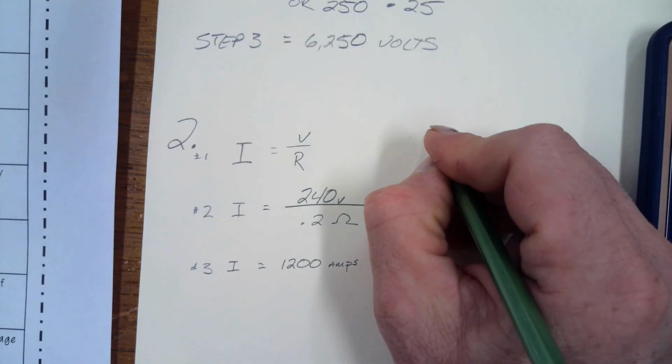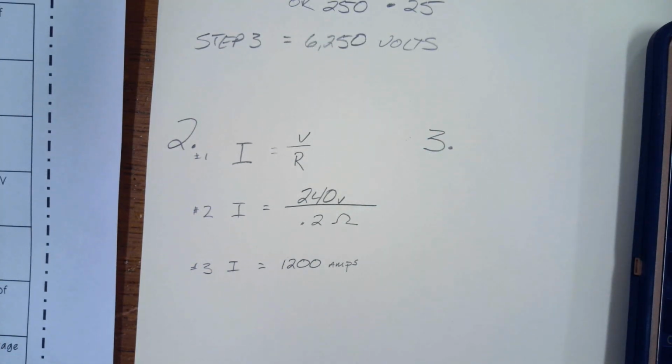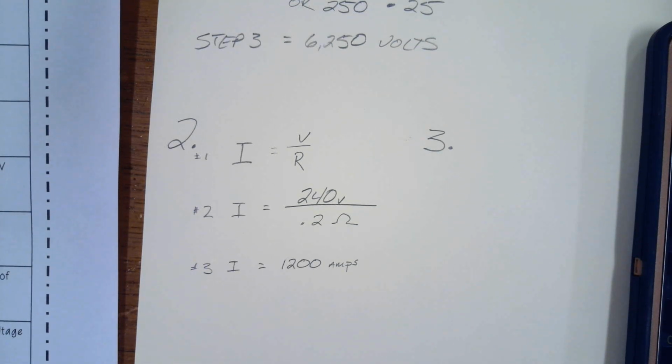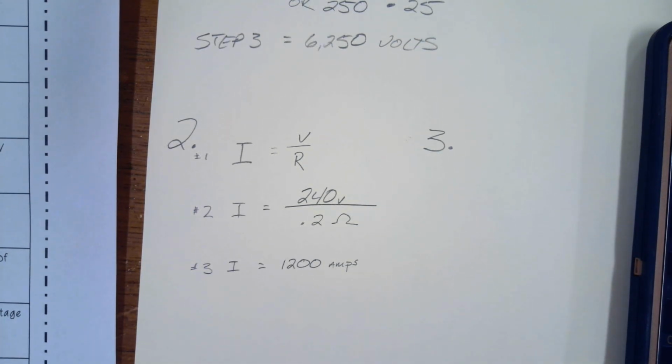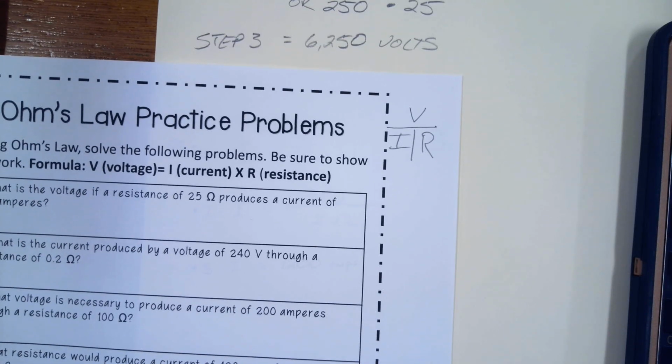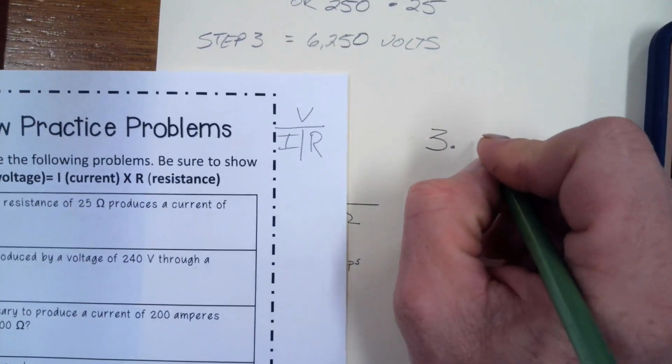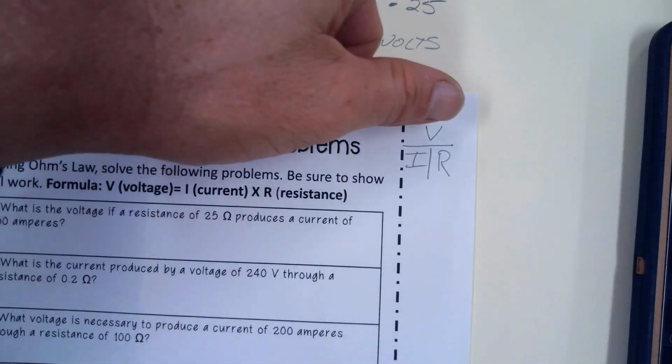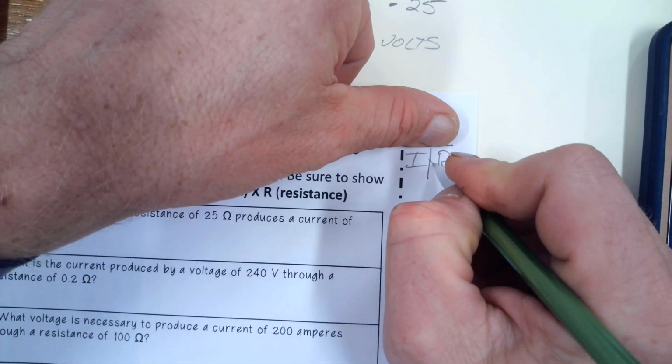All right, number 3. What voltage is necessary to produce a current of 200 amps through a resistance of 100 ohm? What does my formula look like when I set it up? Your amps times your ohms. Well, number 3, what voltage is, yep. So, cover up, and if that didn't make sense, cover up the V. I'm going to put a little multiplication sign in the middle, amps times resistance.